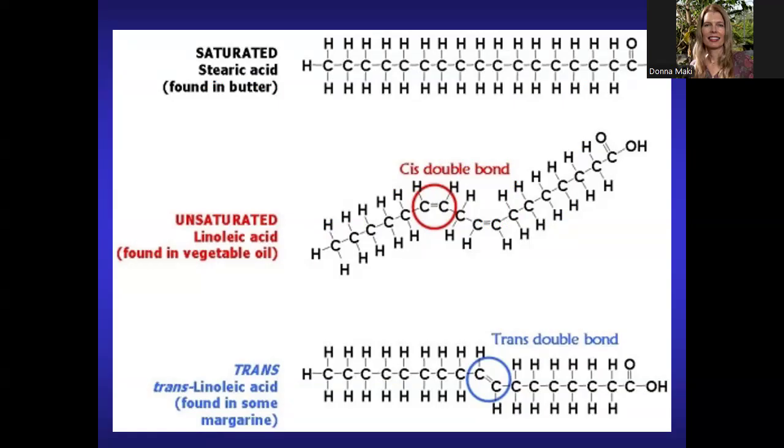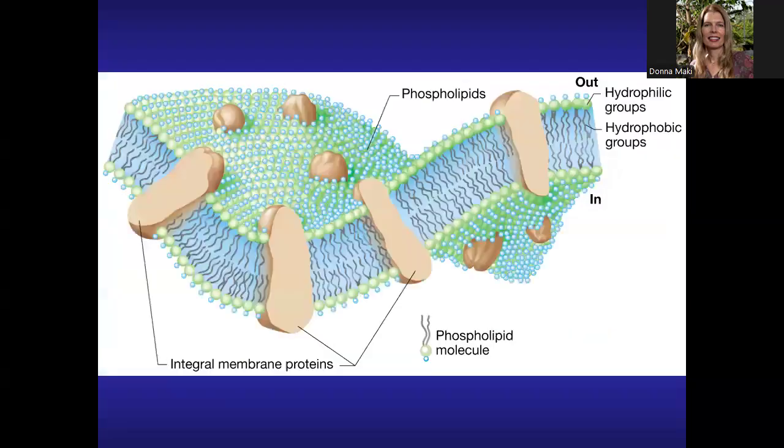And so when you have the cis and trans configurations, which anytime I hear cis and trans, I kind of get triggered to organic chemistry, but not a pleasant thought. But anyways, you get these kinks in the tails of the fatty acids where they don't line up nicely with each other anymore because they're bent in different directions.